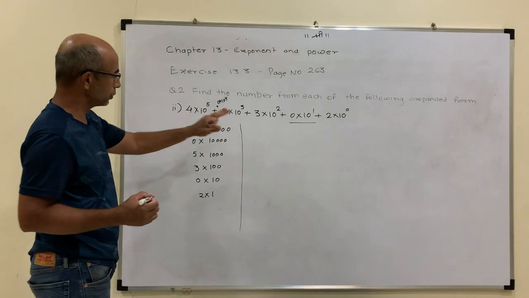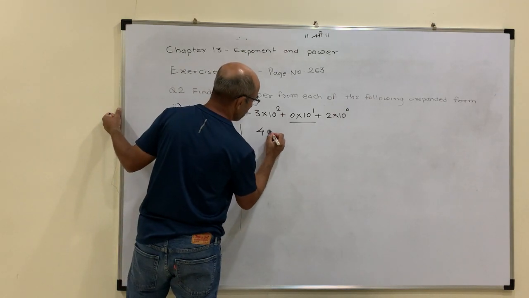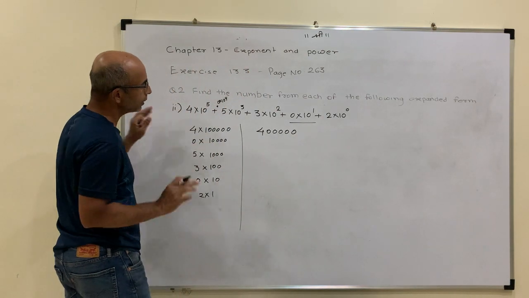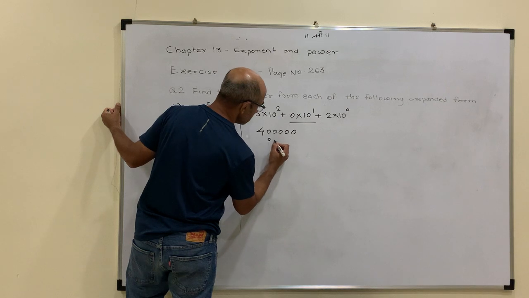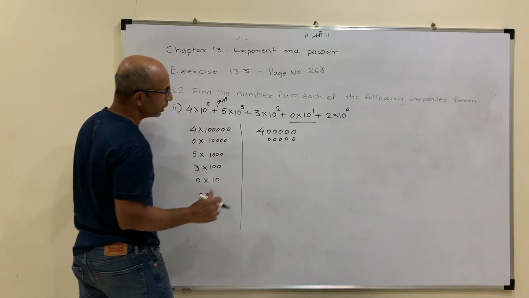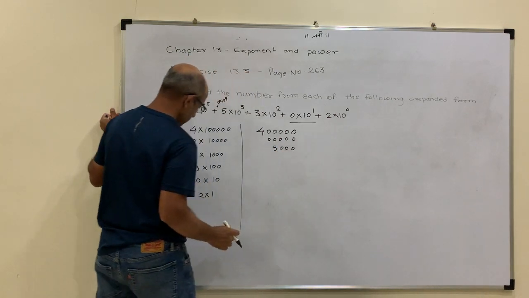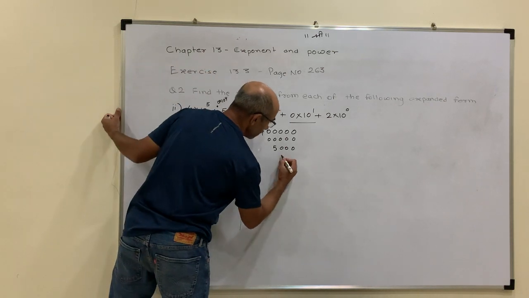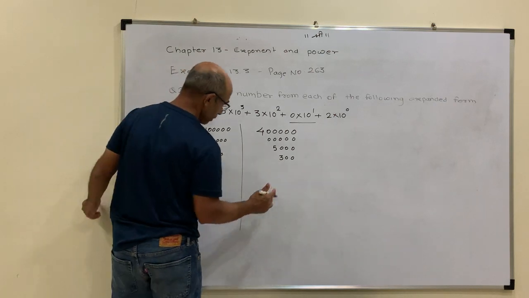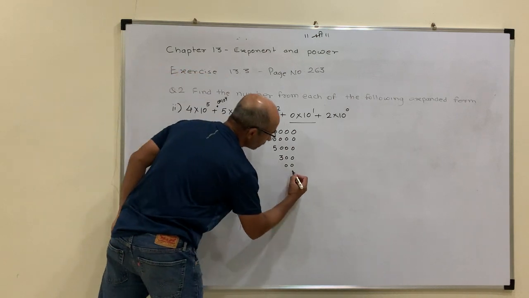So now I solve it further. 4 into 1 lakh is 4 lakhs. 0 into 10,000 is 0, 0, 0, 0. 5 into 1000 comes out to be 5000. 3 into 100 comes out to be 300. 0 into 10 comes out to be 0. 2 into 1 comes out to be 2.